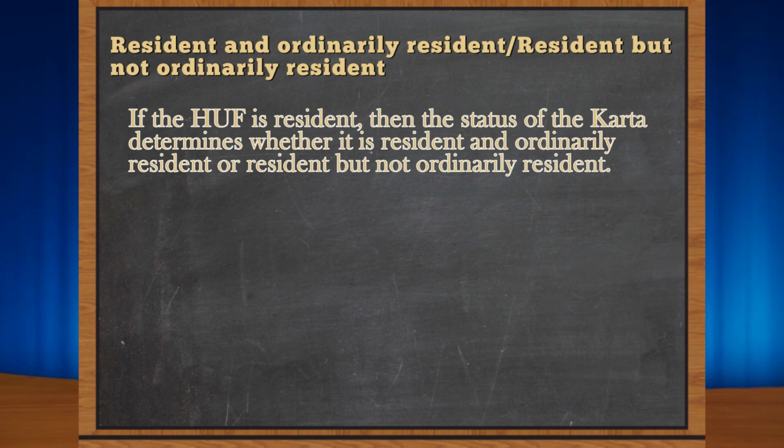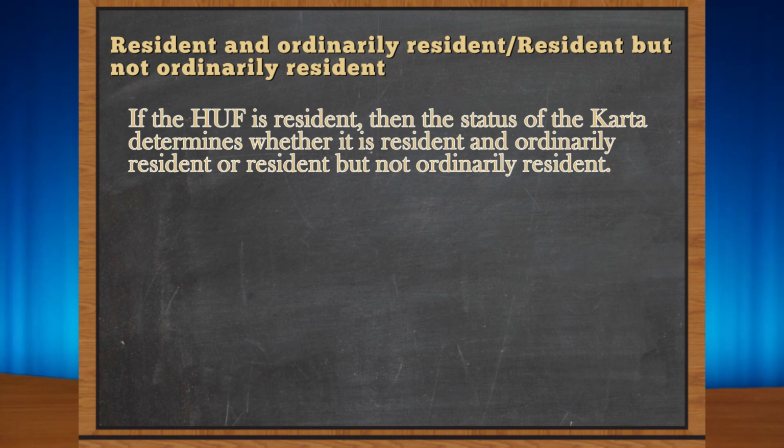A resident HUF may be ordinary resident or not ordinary resident. If the HUF is resident, then the status of the Karta determines whether it is resident and ordinary resident or resident but not ordinary resident.